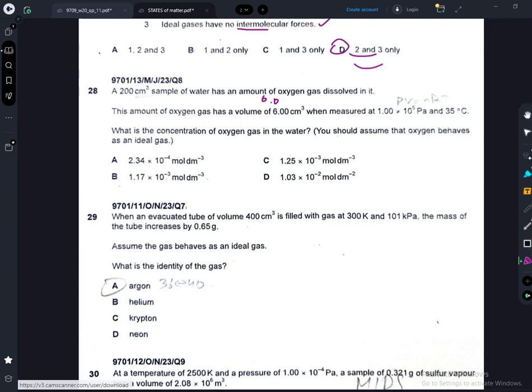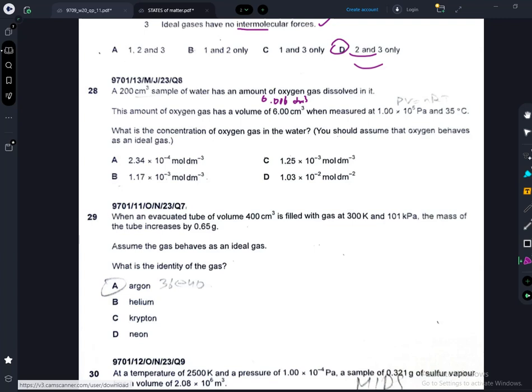My maths is weak. Still, I've taken maths. 0.006 decimeter cube.